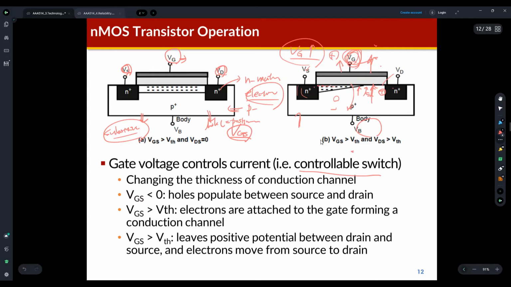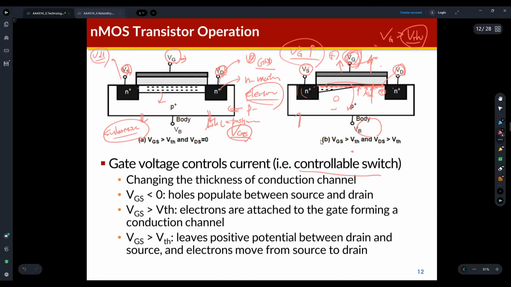The channel is being generated, and if this gate voltage VG is higher than the threshold voltage, then the channel is generated between the source and drain here. Channel is generated like this. Also, let us assume VD is now ground, and VS is connected to the high voltage like VDD.